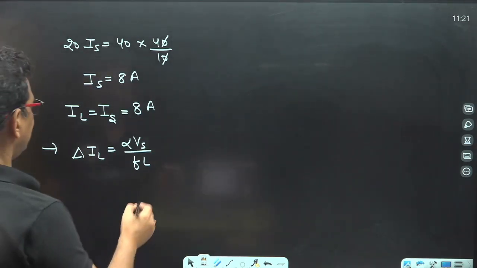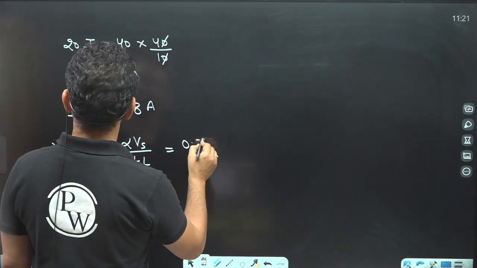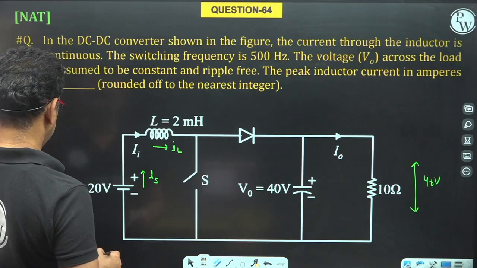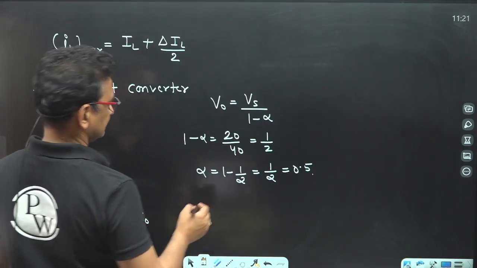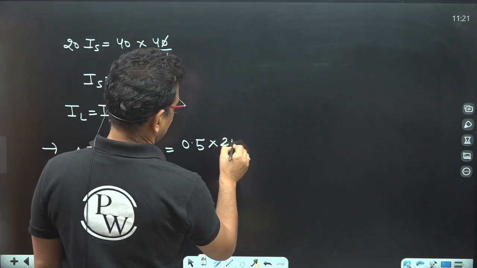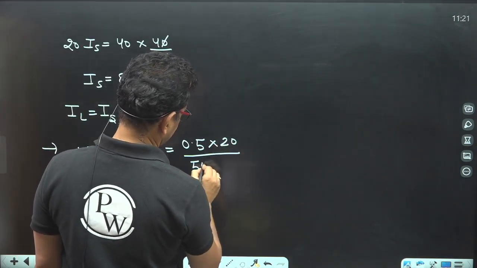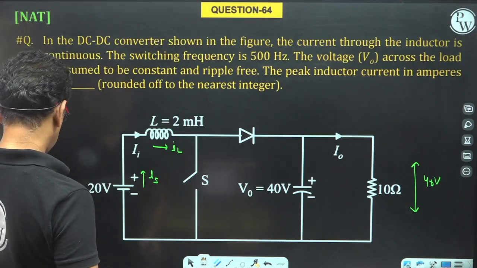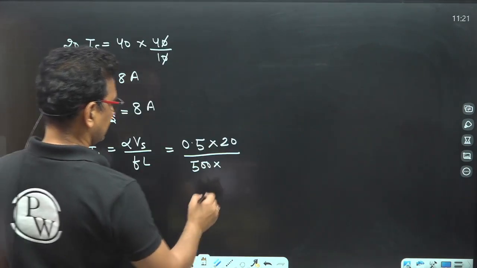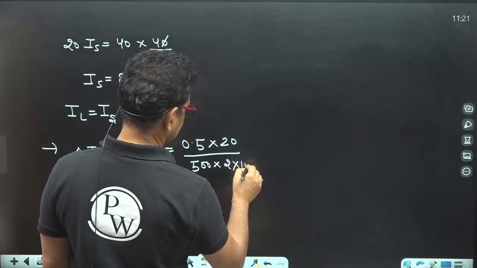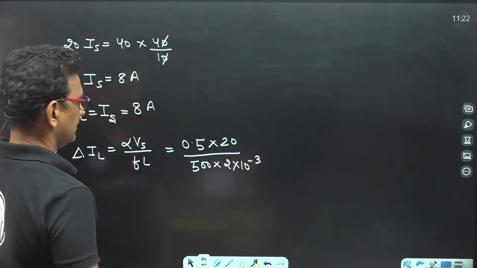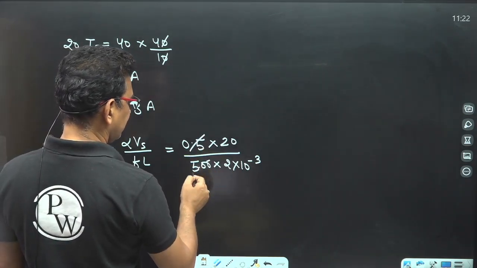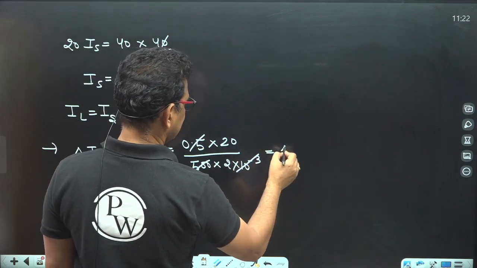So alpha is 0.5, Vs is 20, F is 500, and the value of L is 2 millihenry. So 0.5 and 0.5 will be cancelled out. So that is 10 ampere.